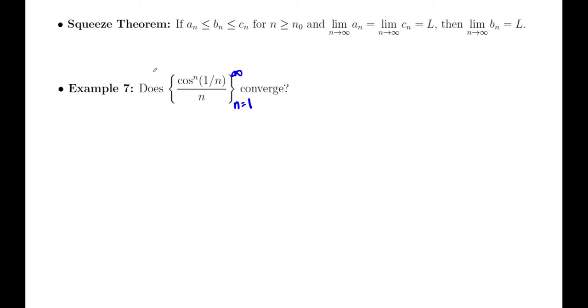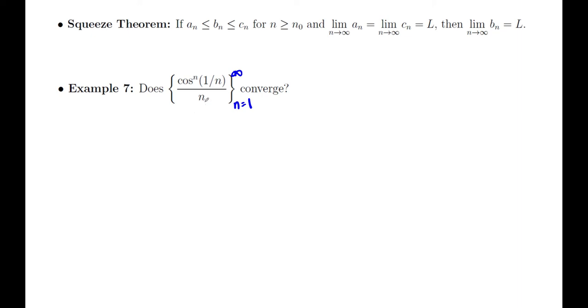All right, so does this thing converge? So this cosine raised to the nth power of 1 over n is very distracting, right? It's kind of overwhelming to look at this thing as a whole. Here is where the squeeze theorem can really be helpful.